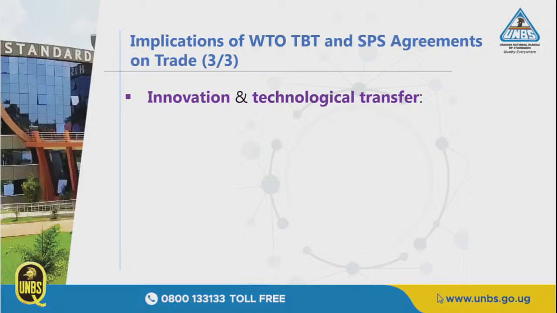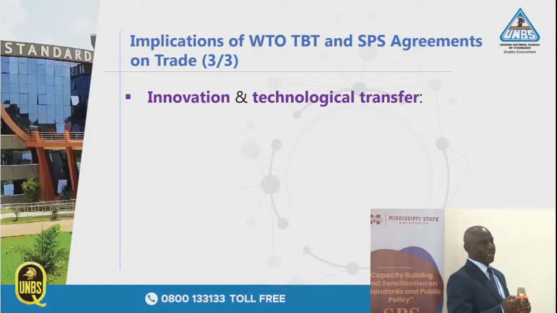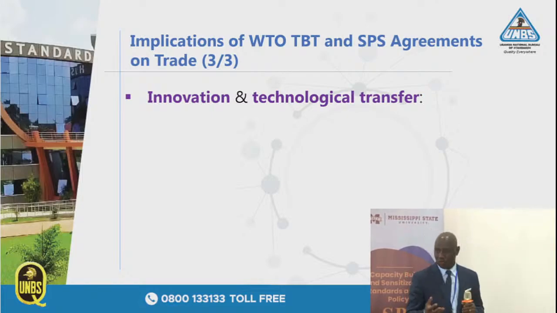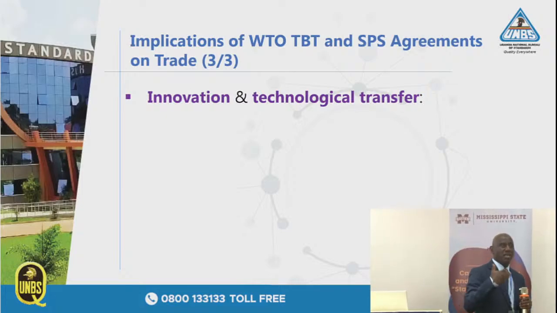The other issue is innovation and technology transfer. If the standards are very stringent, the measures are very stringent, research has shown that they impact on innovation. They will curtail innovation, and they will also prevent the transfer of technology from one country to another.